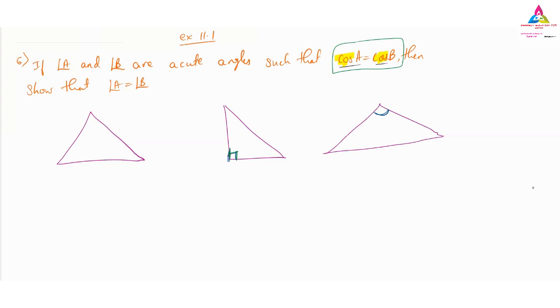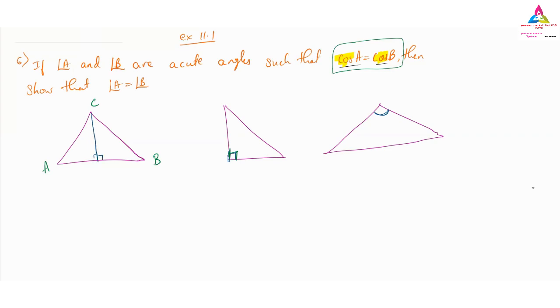So here I will take angles A and B over here. But I may have the angle C on the top, which is not 90 degrees, so it is an acute angle. But I can turn this in terms of right angle by constructing a perpendicular.